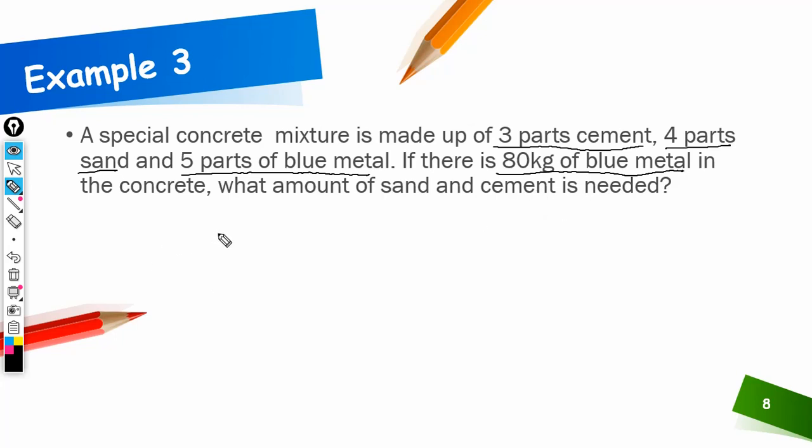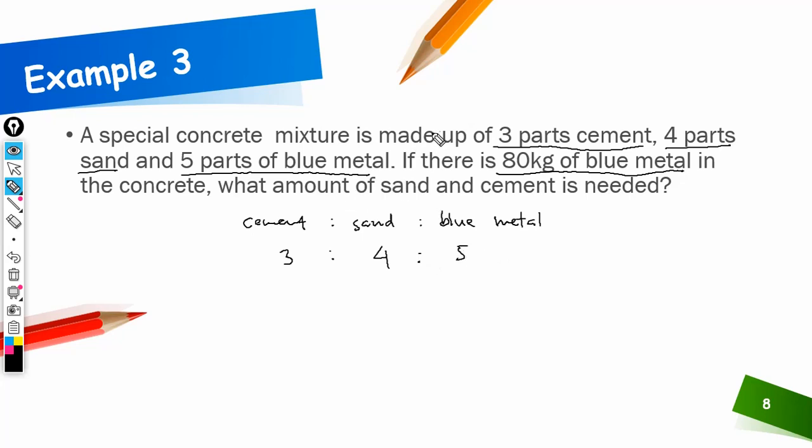Okay, so let's see the ratio. So the ratio of cement, sand, and blue metal is 3 to 4 to 5.